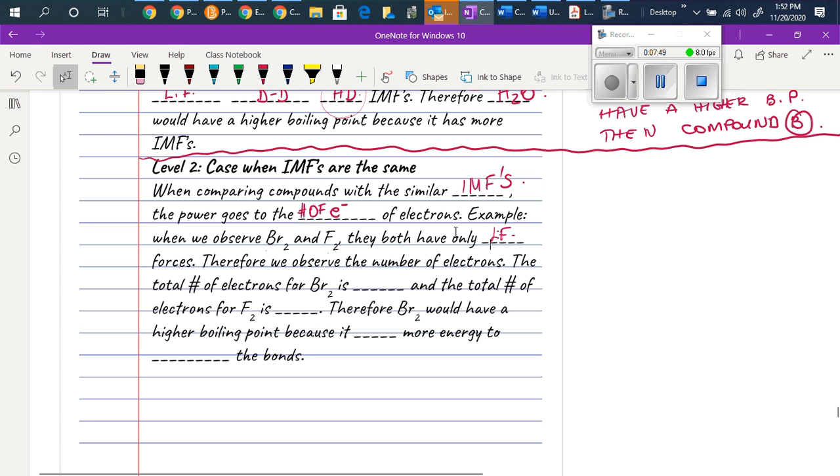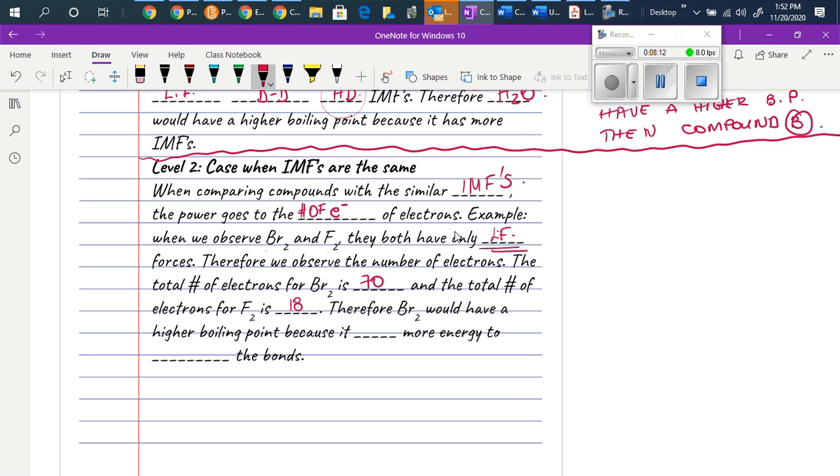The only force they experience is London forces. Therefore, we observe the number of electrons. Boron will have in total 70 electrons versus fluorine, which will have in total 18 electrons.